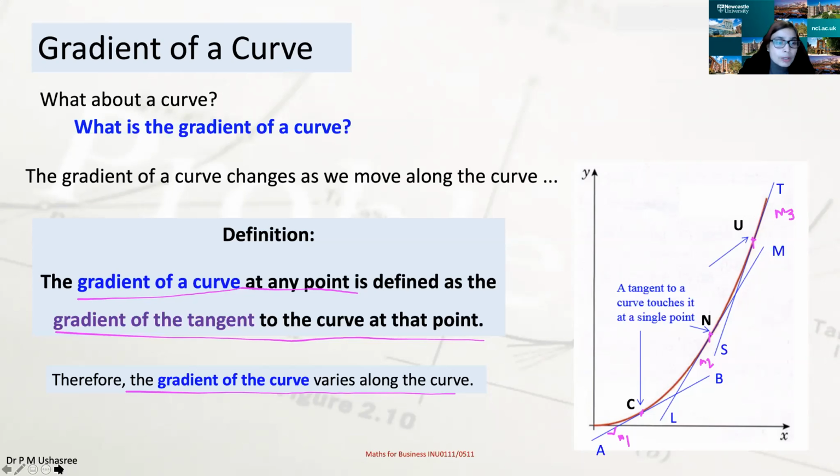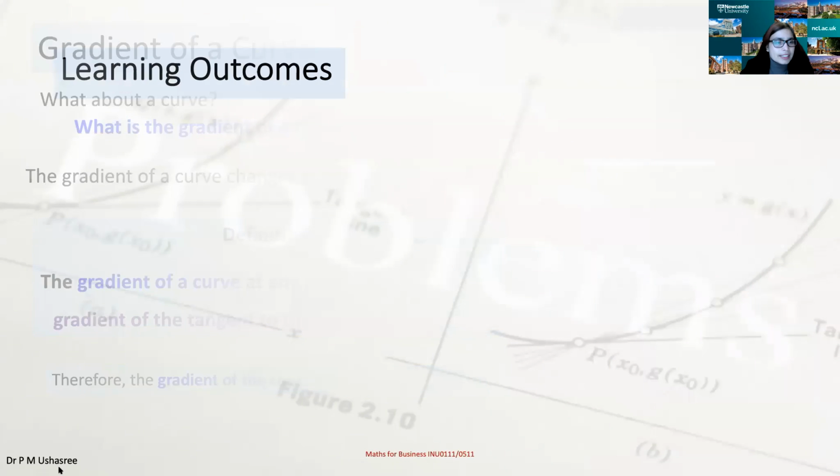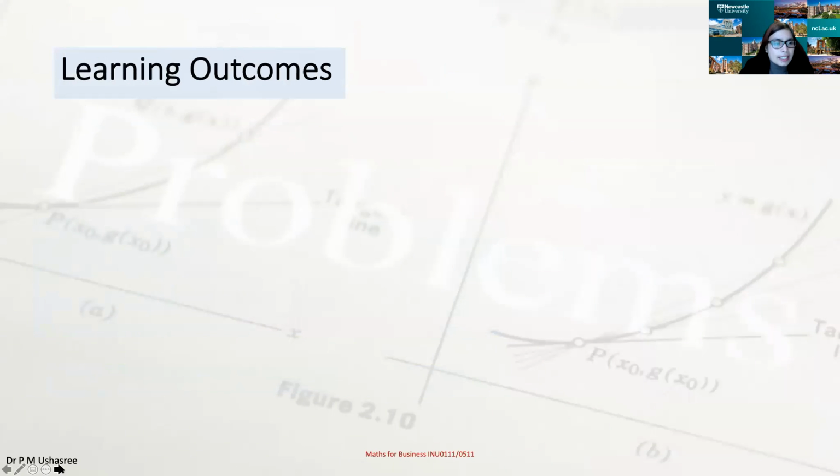It's very important that you're able to define what it is. So please practice this and try to understand, and see if you can explain it to your friend or your classmate.